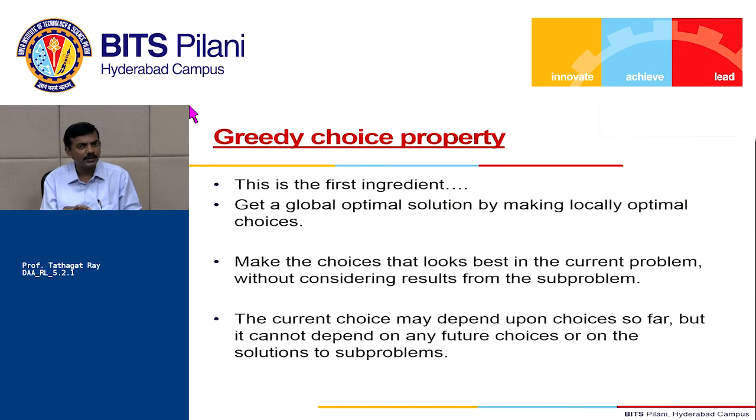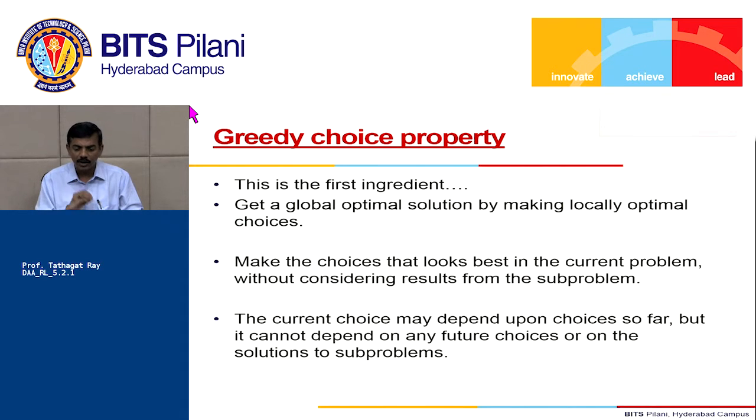So typically what happens in dynamic programming, you look at sub-problems of a particular size, and then you make your choice on what is the best choice you can make out of solving all those sub-problems. So here we are saying no, we are not going to do that.